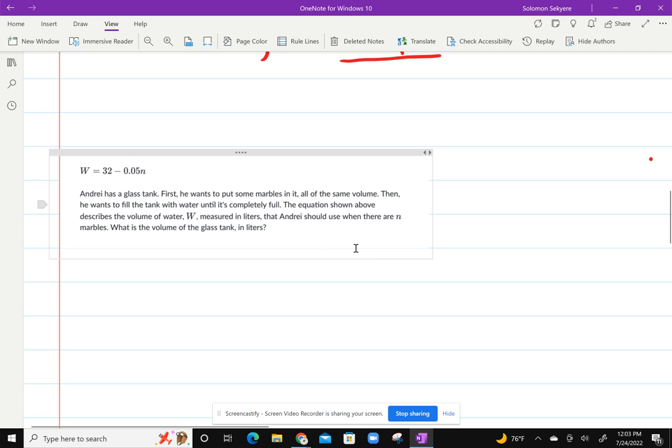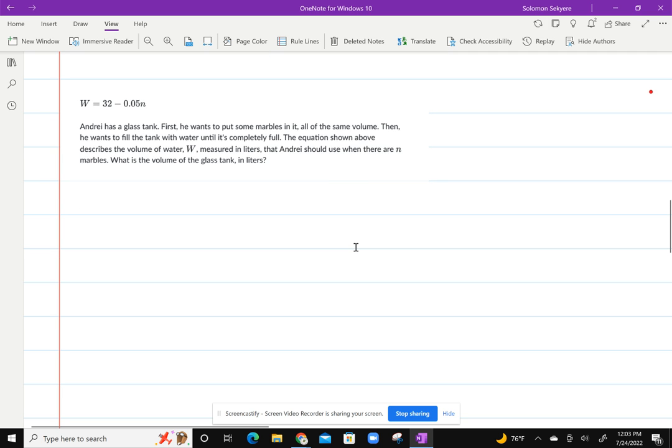We're given the equation and the definition of the variables. It's W versus n. The equation shown above describes the volume W, measured in liters, that Andrea should use when there are n marbles.